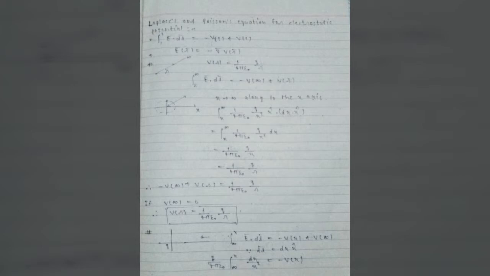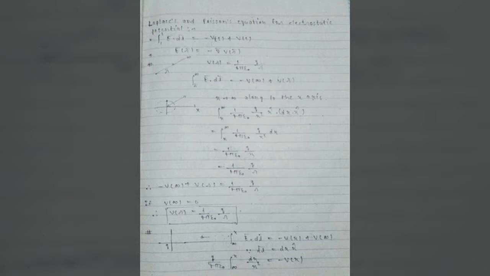So, I am calculating the integral of E dot dx going from distance x to infinity, and this will be given as minus V infinity plus V at x. This I can write as going from x to infinity.